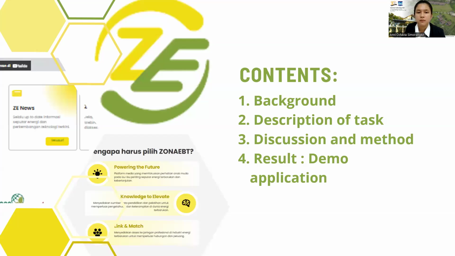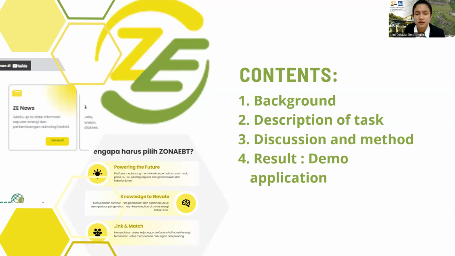The contents of my presentation: first is background. Background contains my company introduction in general, my role, and my tasks in general. The second is description of tasks. This part describes all of my tasks and the specification of the tasks.